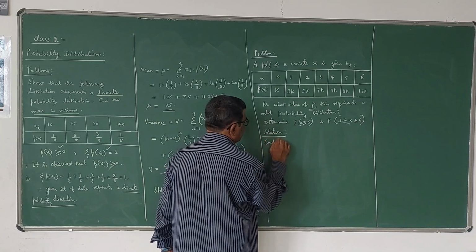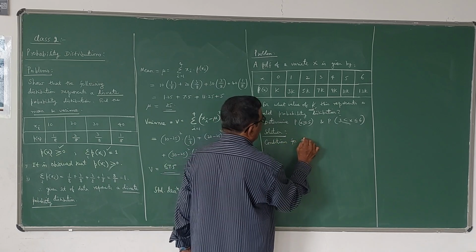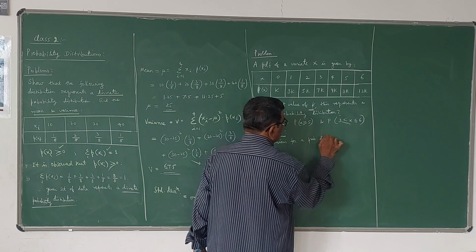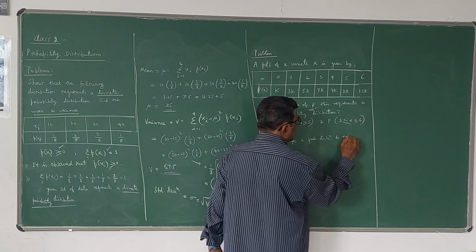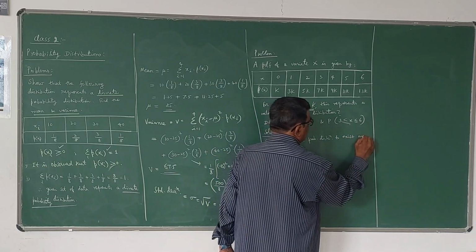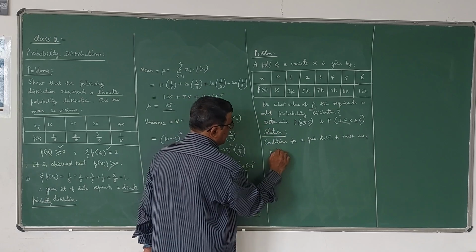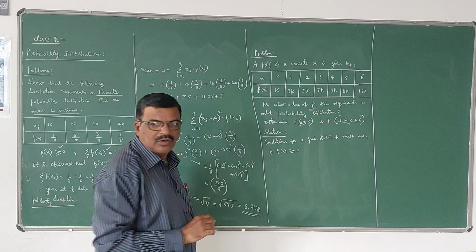So, solution is like this. Conditions for a probability distribution to exist are, first condition, all these px values should be greater than or equal to 0.